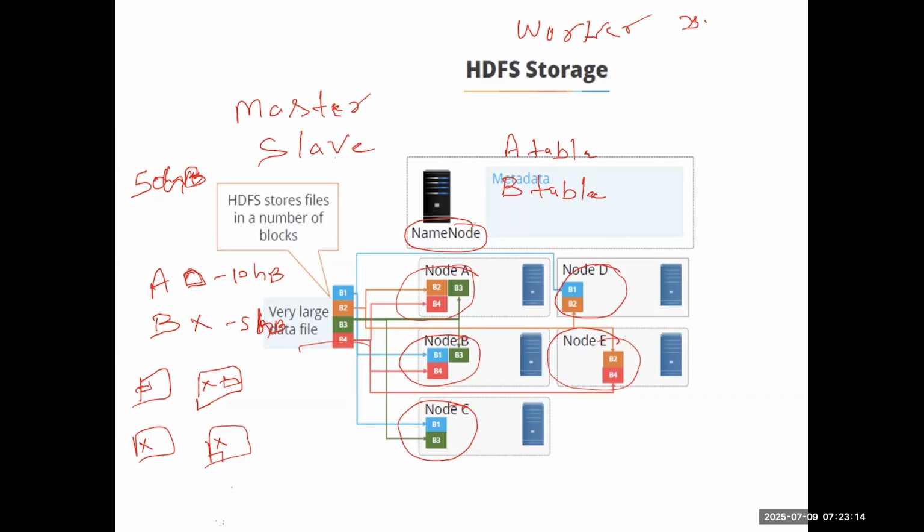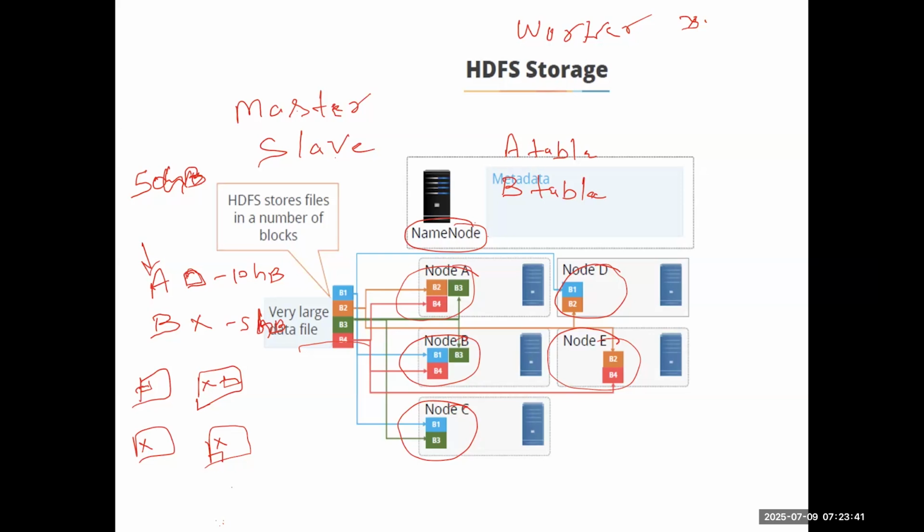So if you need something from table A, you should know where table A is present, like here, here, here. Those details are stored in the name node, so that whenever you need to run anything, you get the information and run the job there.